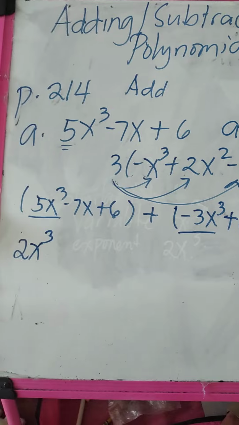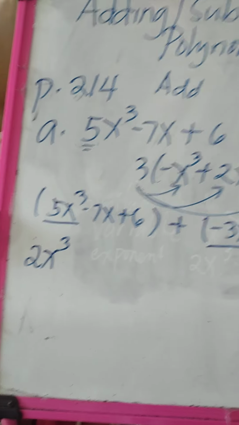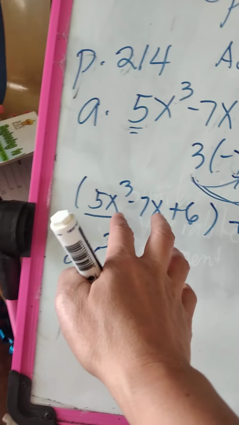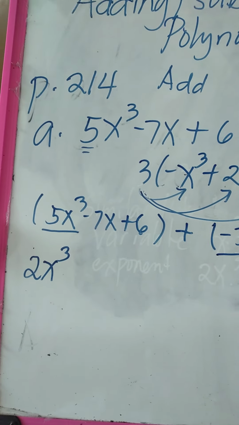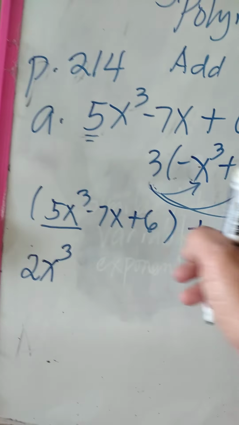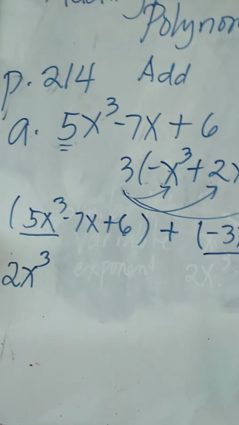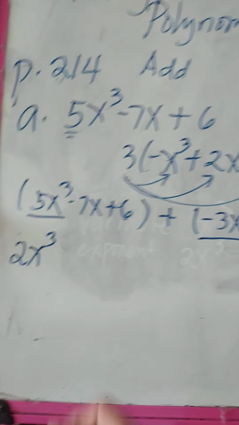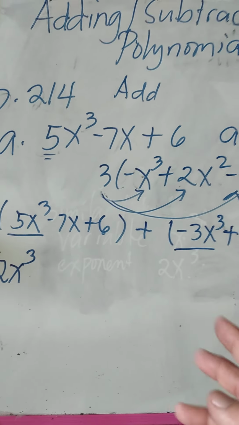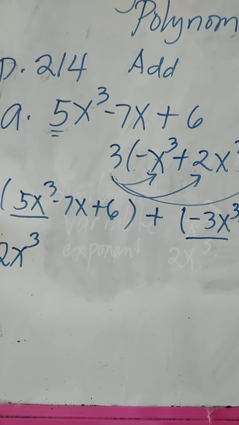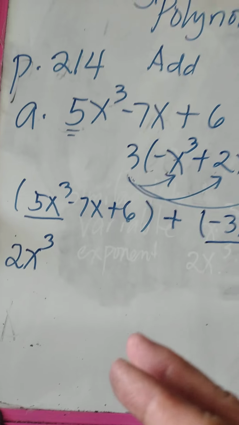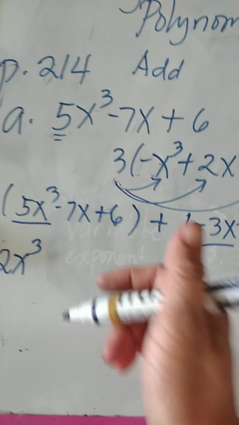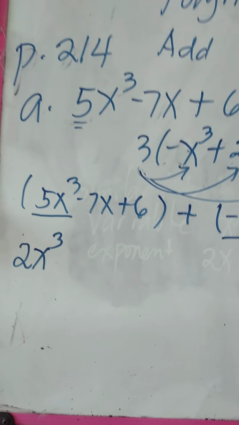That's why you cannot combine terms that are not considered similar, such as different letters with different exponents, because you cannot copy them. Right? The rule in adding or subtracting polynomials is very simple. Just add or subtract polynomials that are similar.